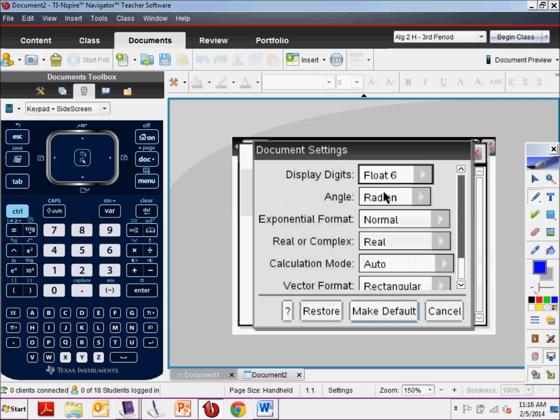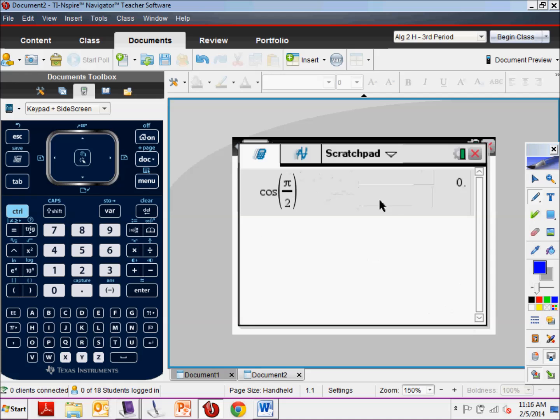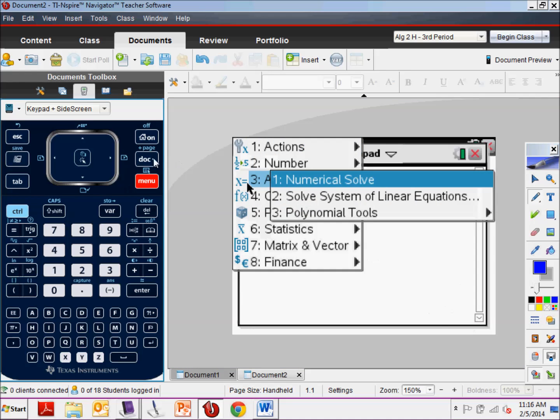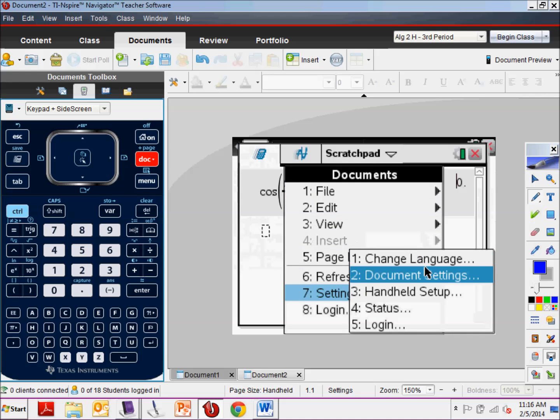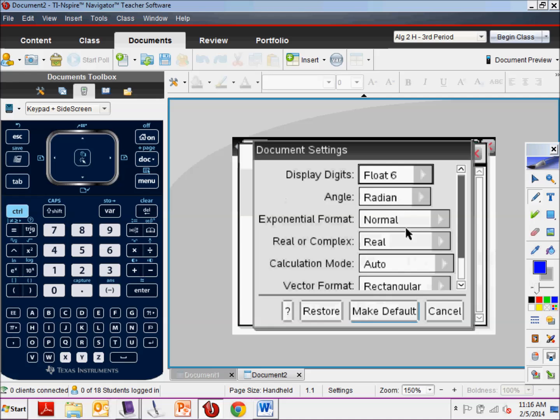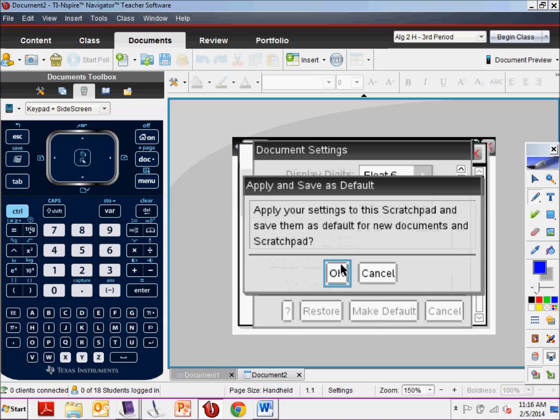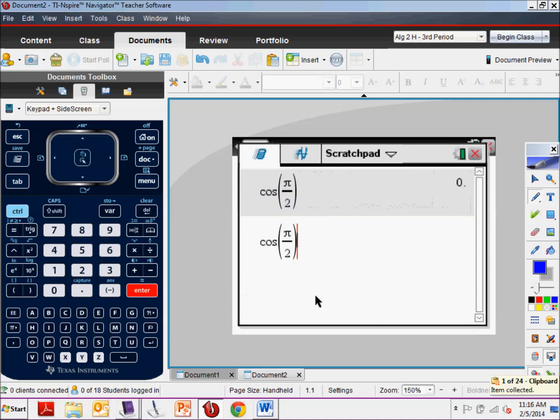It's in radians. Then I guess it is right. Why is it round? Okay, let's just try degrees. This has not done this to me all day.